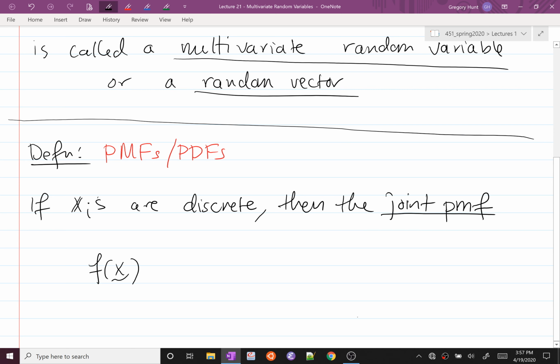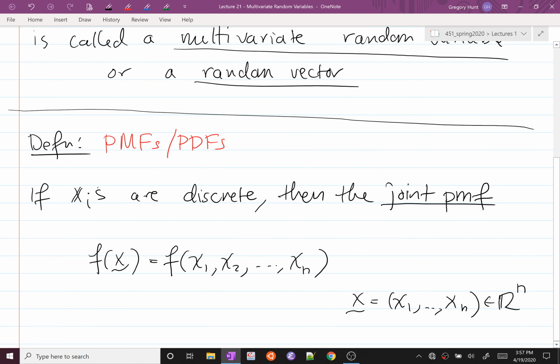So here x tilde is x1 to x sub n, and this is a number in Rn. We can expand this out: f of x1 comma x2 all the way to xn. So you can write it either way.